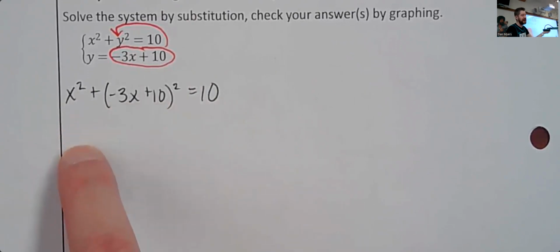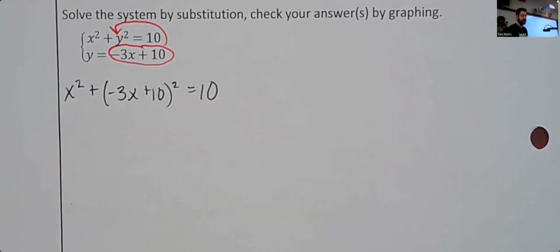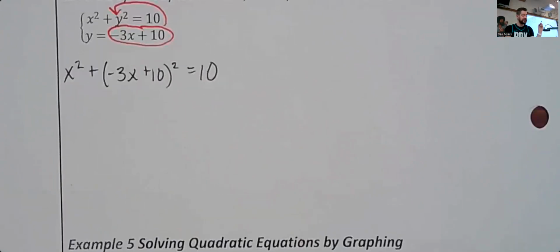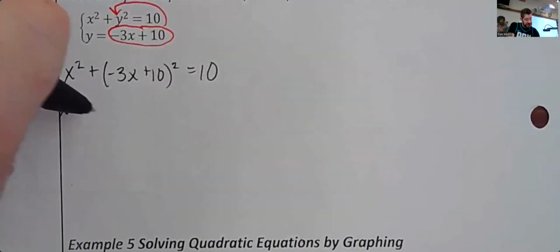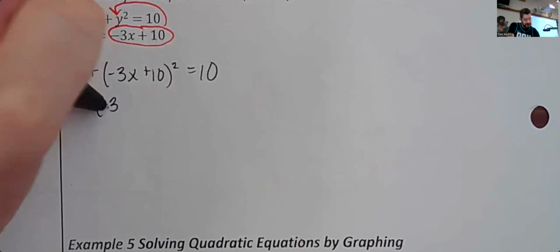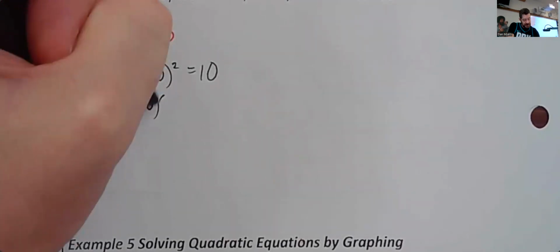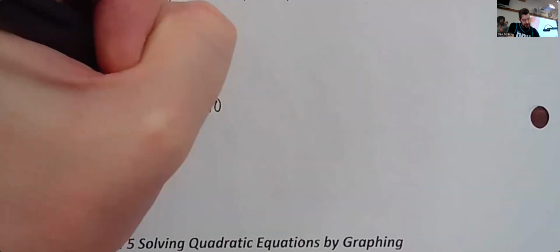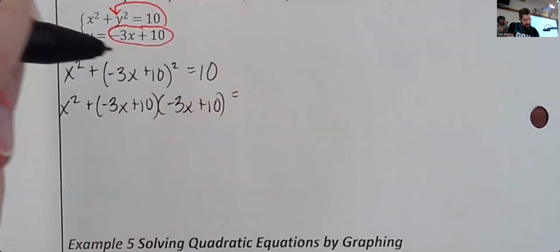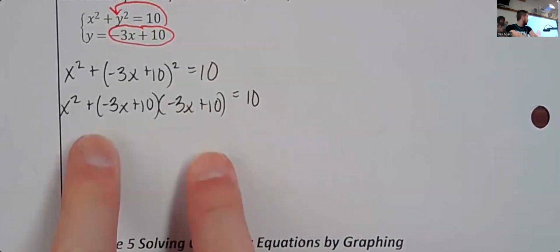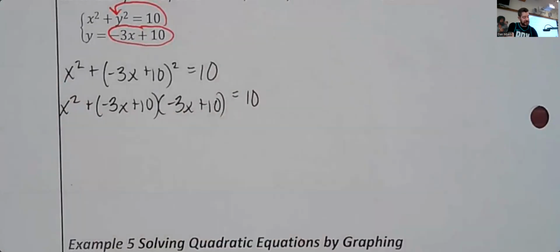So we should multiply it out, combine our like terms, and deal with it from there. If we're using FOIL, I'm going to write it out to show you exactly what's happening. This would be negative 3x plus 10 times another negative 3x plus 10, and that equals 10. So we're going to have to do first, outer, inner, last, and then combine our like terms.